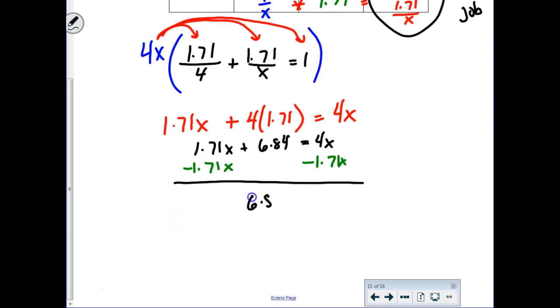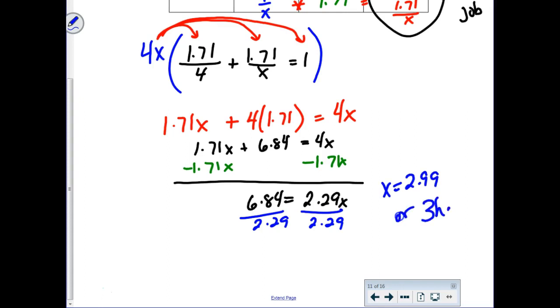So we have 6.84 equals, what does that say, 2.29? One more step and you're home free. And this comes out really, really close to 3. It's like 2.99, or you can just go ahead and round that up to 3 hours.